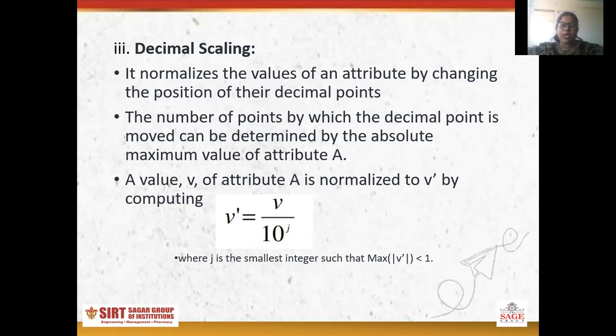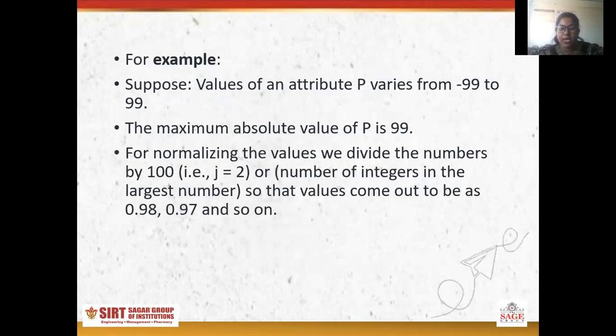The number of places by which the decimal point is moved is determined by the absolute maximum value of attribute A. A value V of attribute A is normalized to V' by computing V' = V / 10^j, where j is the smallest integer such that max |V'| is less than 1. Again, let us study this with an example.